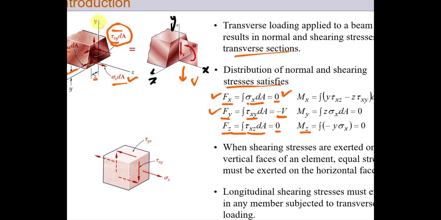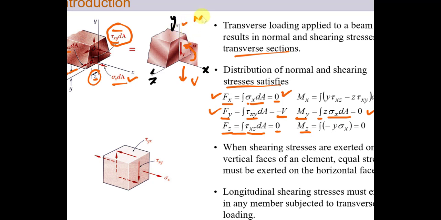So the moment about this y-axis is equal to integral of sigma x dA into perpendicular distance z, and that must be equal to 0, because we have studied that this is the plane where the net reaction moment is applied, and this y-axis and x-axis lie in that plane. So if a moment is applied on a plane and the axis is contained in that plane, the moment about that axis will be equal to 0.